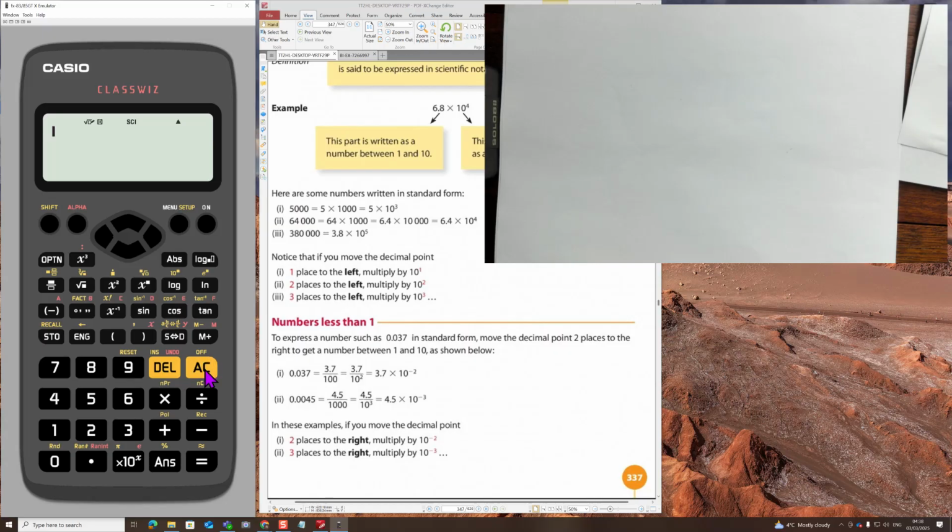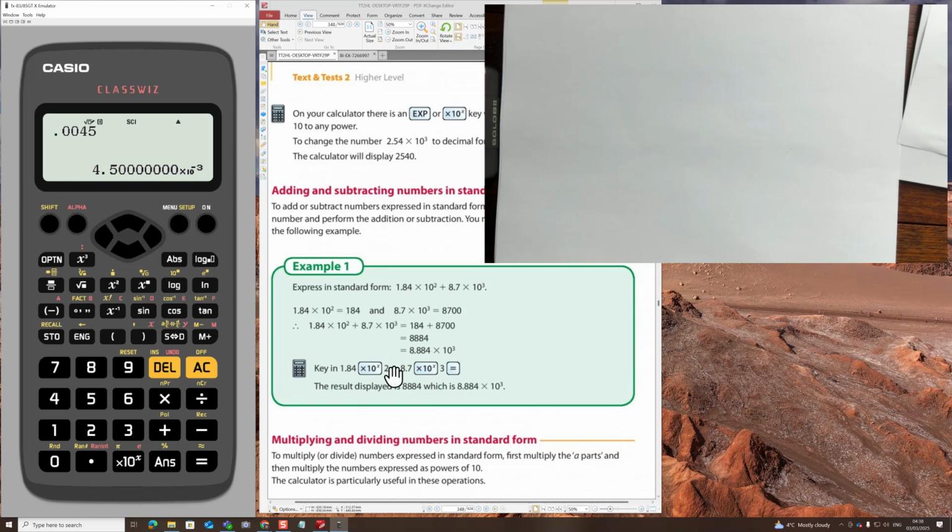Okay, so clear the decks, 0.0045 equals. Yes, first it gives it to me as a fraction, but I have an ST choice now, 4.5. There's all your precision. But I also have the shift equals option, which we're going to look at as we move forward.